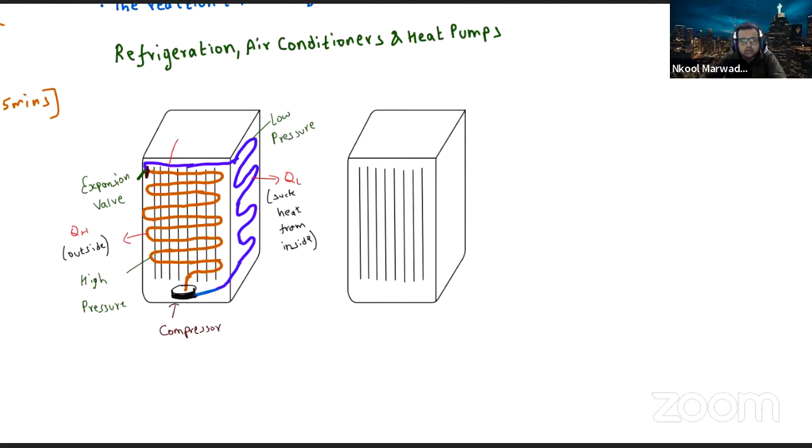And this brown pipe is called the condenser pipe. Condenser.